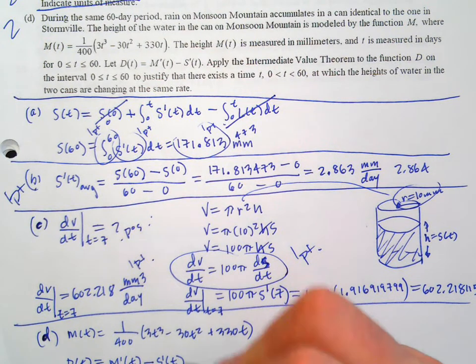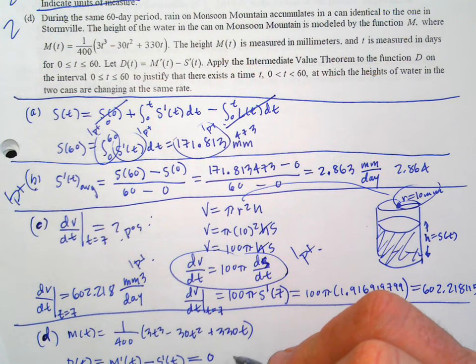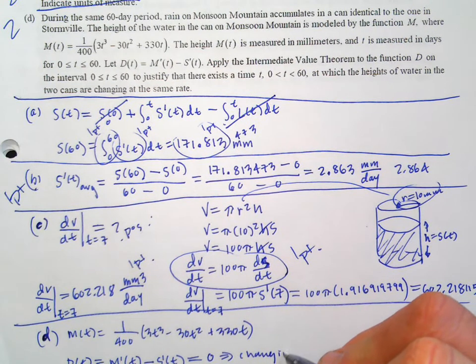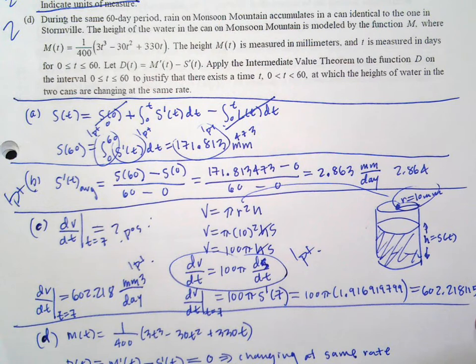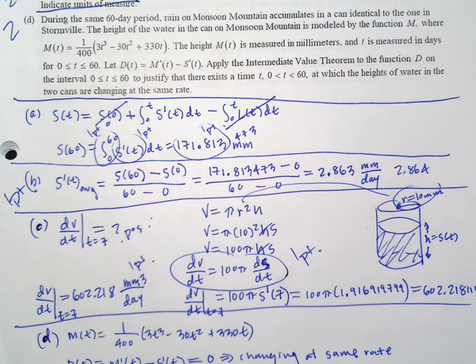Now, if they're changing at the same rate, that means D has got to equal 0, right? Because their derivatives will be equal to each other, and when you subtract one from the other, you get 0 because they're the same. So that's what we're trying to prove happens.